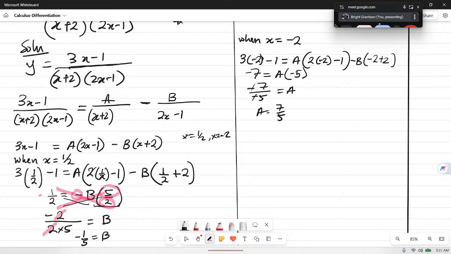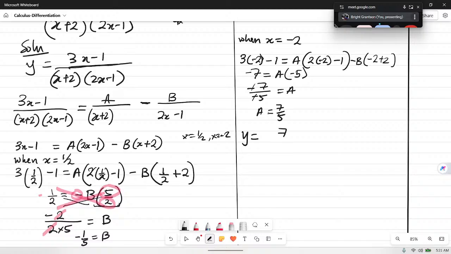I'll come and rearrange it. y is equal to 7/5 over x plus 2, you are putting the a there.